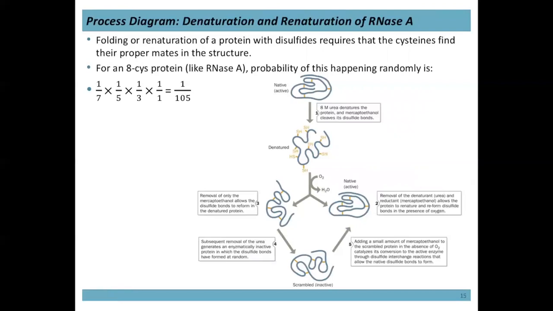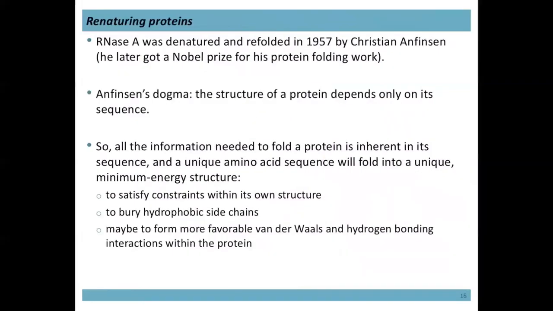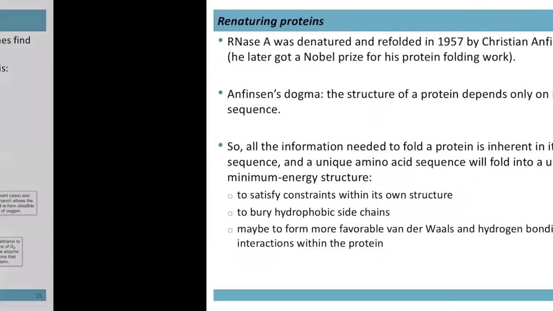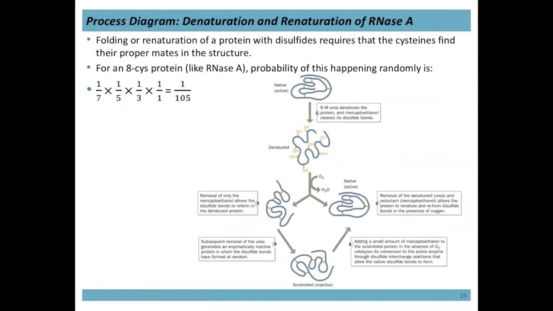And there was an interesting experiment that was done. Actually, I need to go to the next slide to figure out the date. So 1957, Christian Anfinsen, he got a Nobel Prize for his folding work. He took RNase and denatured and then refolded it. So let's look at how he did that.